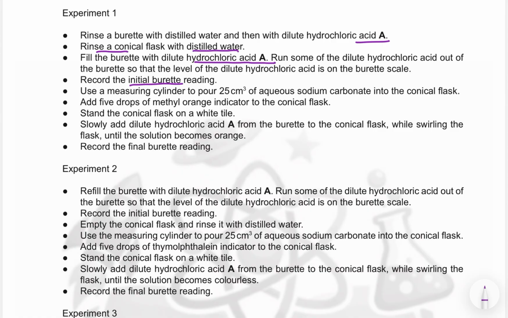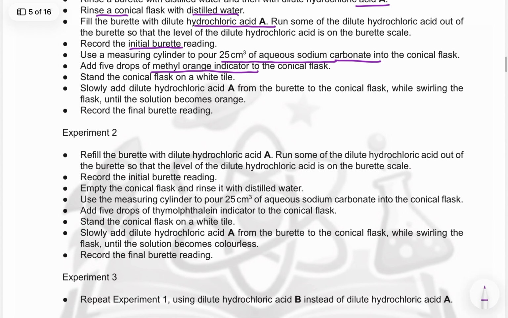Use a measuring cylinder to pour 25 cm cubed of aqueous sodium carbonate into the flask. Add a few drops of methyl orange indicator. Slowly add dilute hydrochloric acid A from the burette to the conical flask while swirling the flask until the solution becomes orange. Record the final burette reading.